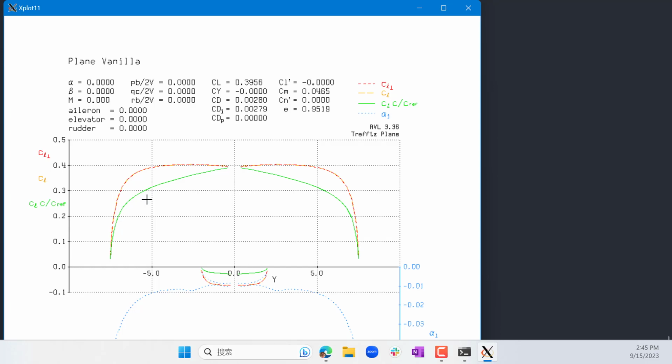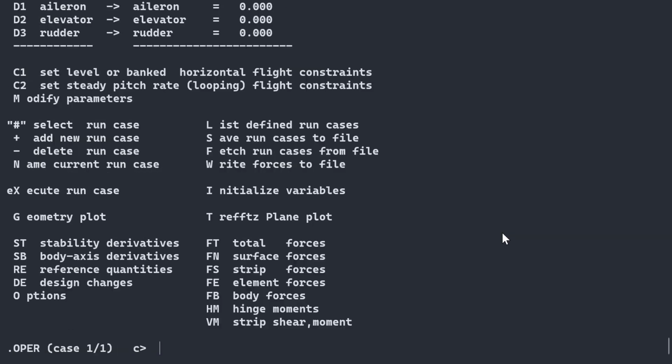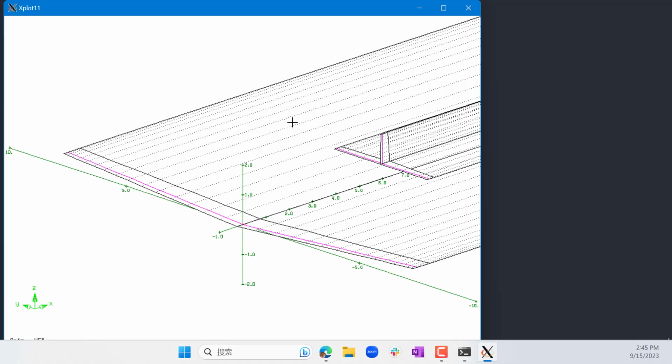So the x-axis is span, the y-axis is the distribution of lift coefficient along the span. And you also see a blue line that tells you what the induced flow is along the span. So basically these are solved by the set of vortices.